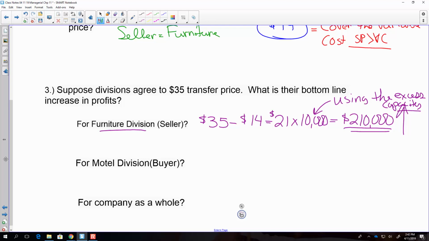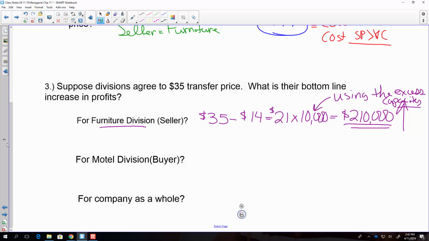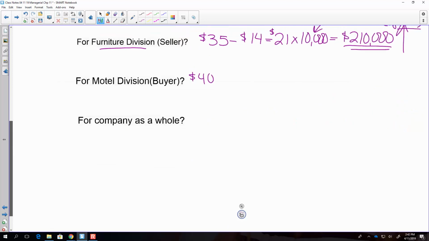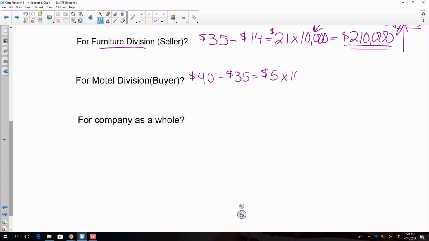The buyer makes what? They make $5. Well, excuse me. They normally buy it for $40. But now I can buy it for $35. I save 5 times 10,000 units that I'm buying. I'm making 50,000.